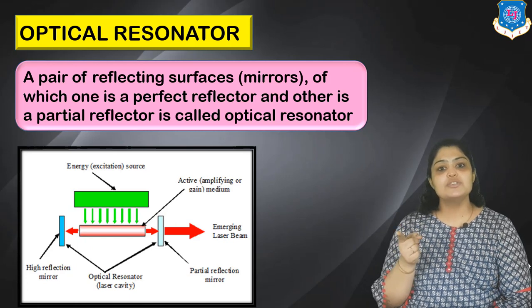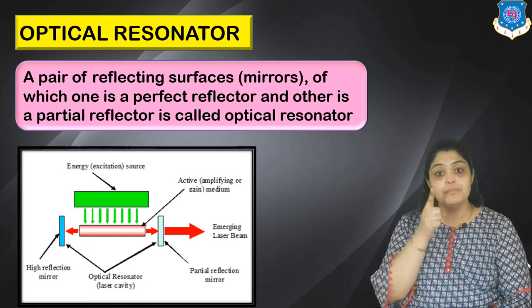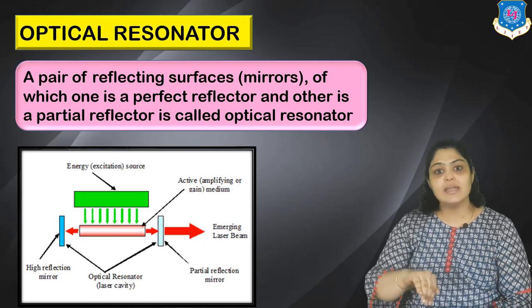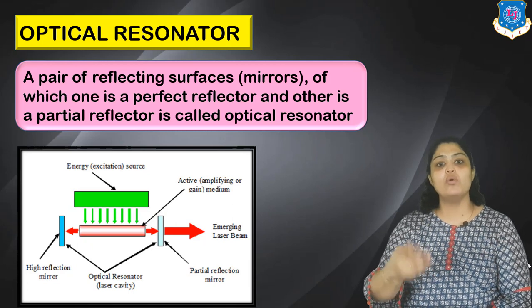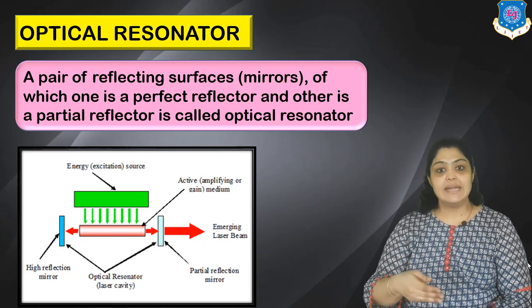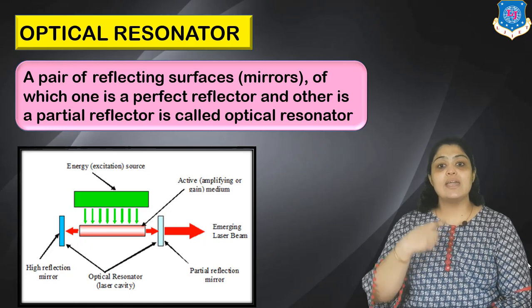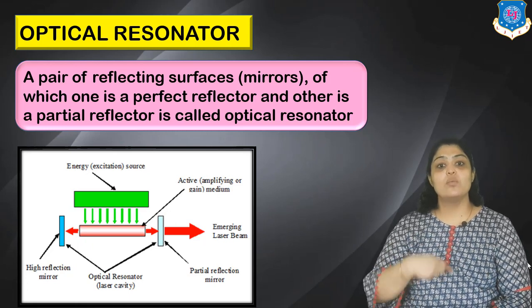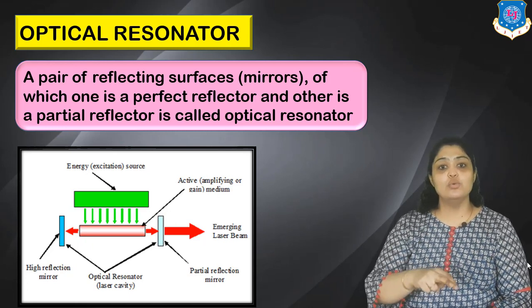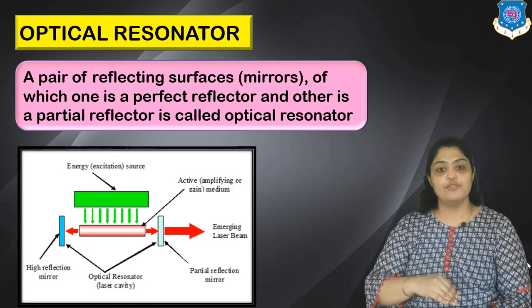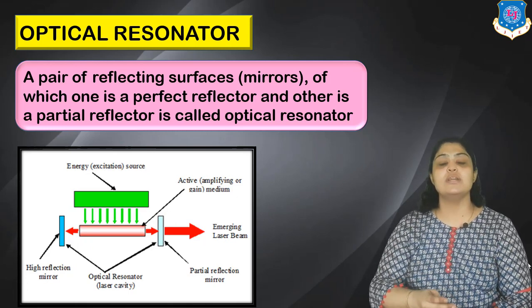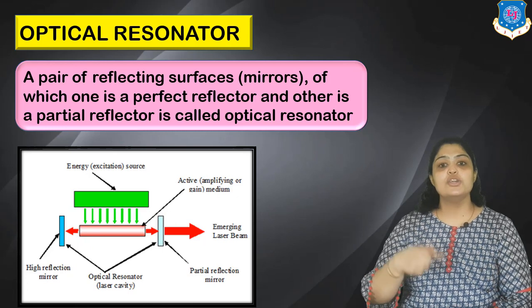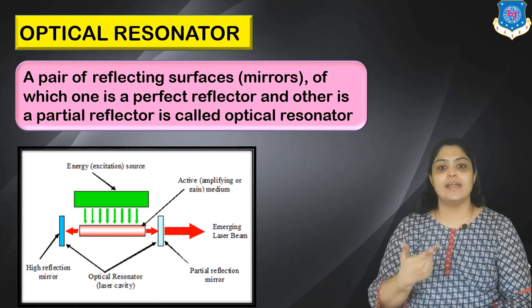The photons, when they strike the full reflecting mirror, come back into the medium and excite more atoms. Getting it? So this is how one photon excites one more atom. Now 2 will give 2 more, so there are 4. 4 will give 4 more, so there are 8. And this is how your laser will be amplified.